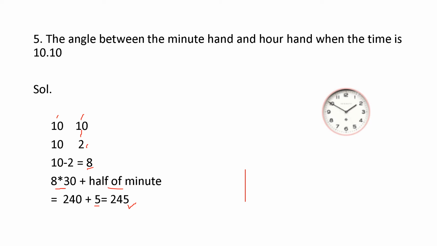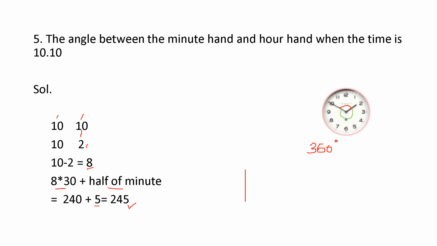We know that since the clock is a circle, it is 360 degrees. So here if you notice, two angles are there. This is one angle and this is the other angle.